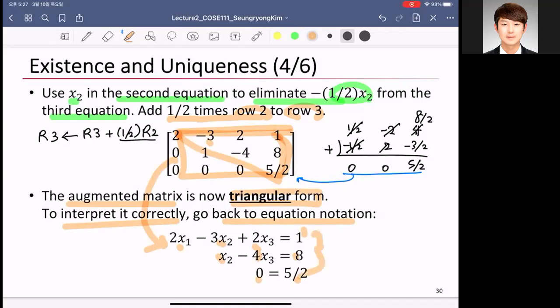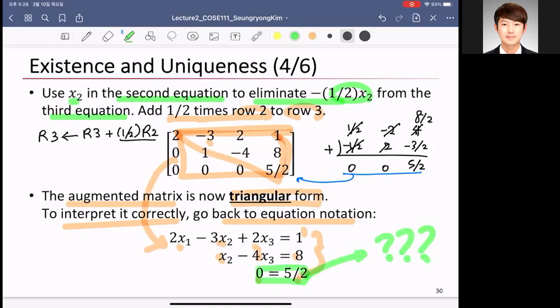Okay. So what is the solution of this form? What is the solution of this equation? I mean linear system. In this case, what is the solution of this one? Right? Inconsistent, right? Why? Because of here. There is no solution for the equation 0 equal to 5 over 2, right?